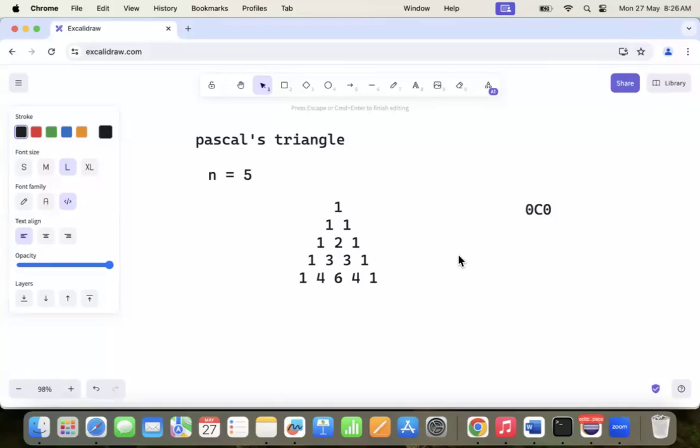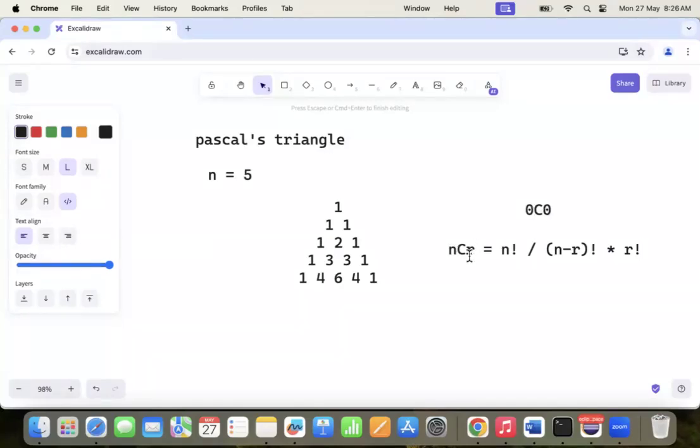Here n is 0 and r is 0. Could you tell me what the NCR formula is? n factorial divided by n minus r factorial into r factorial. This is a mathematical formula. So replace n with 0 here, not the n on the left side; I'm talking about this particular row. This is 0, this is 0.